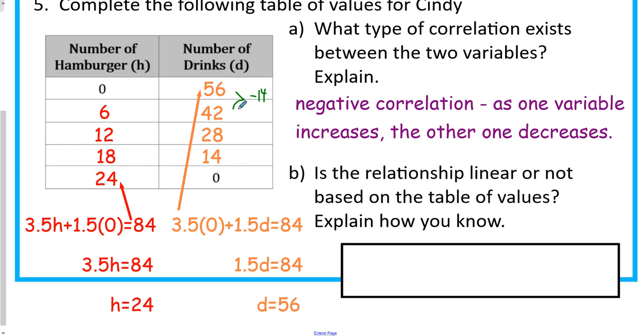These are decreasing, right? What are these going down by? They're going down by 14. So since they're decreasing, it has to be negative. And because these are all equal to each other, for sure this is linear. So that's how you tell by looking at the values in a chart.